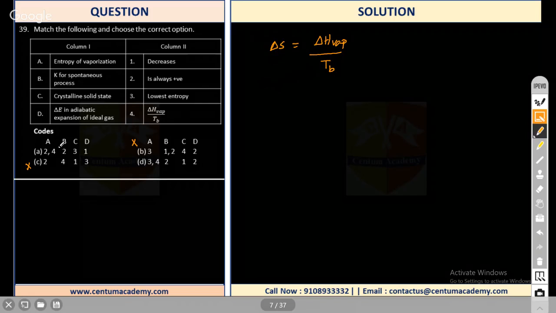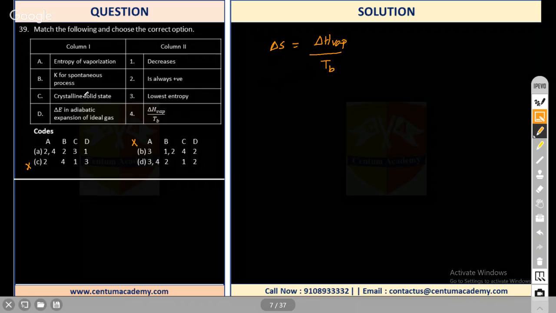Now if you're confused with 2 and 3, then we can see the next option, K for a spontaneous process. When the process is spontaneous, then the equilibrium constant is what? It is always positive, right? You see, for B it is 2. Option C you see, crystalline solid state.